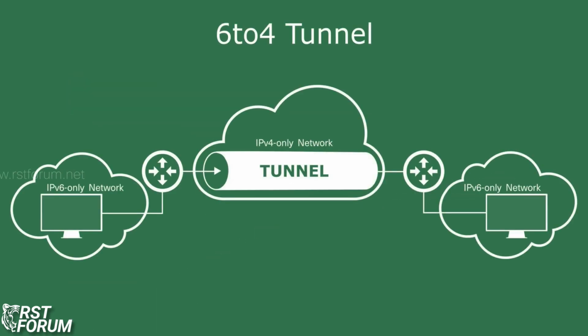We can also tunnel one protocol over the other, which means the IPv6 packets can be encapsulated with IPv4 headers and made to traverse the IPv4 network. Similarly, IPv4 packets can be encapsulated with IPv6 headers and made to traverse the IPv6 network.